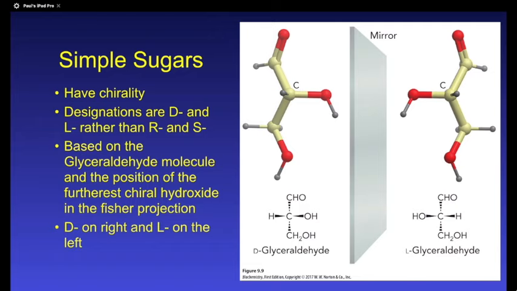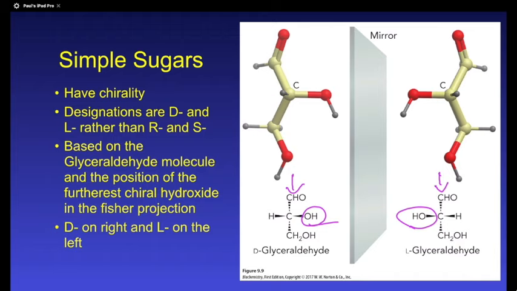The big D and big L are reference to glyceraldehyde, our most simple sugar. It has a ketone and 2 hydroxides. And in the Fischer projection, if it's written in this form with the hydroxide on this side, it's called D. And if it's on this side, it's called L. And the ketone is always at the top by definition. And so that's where they reference it.